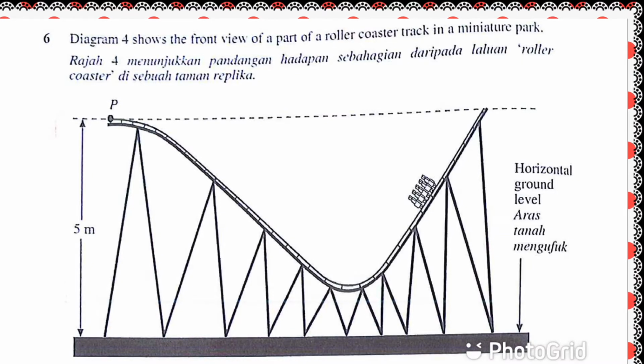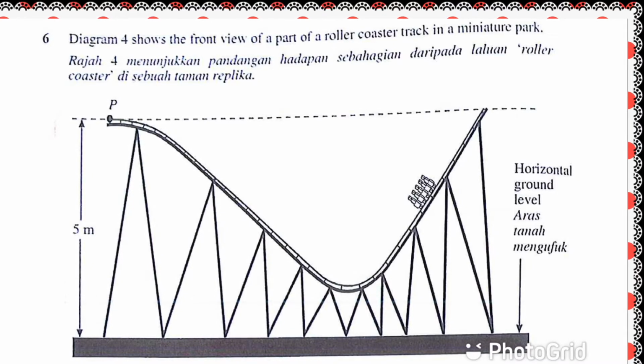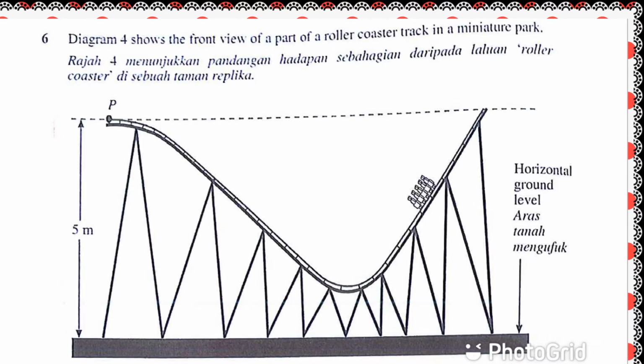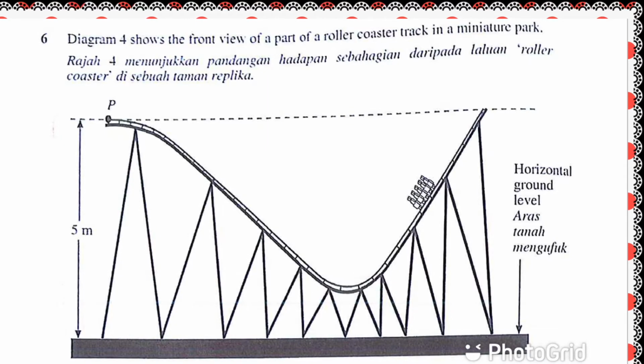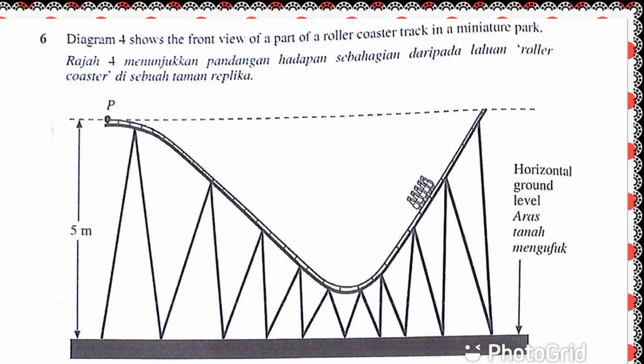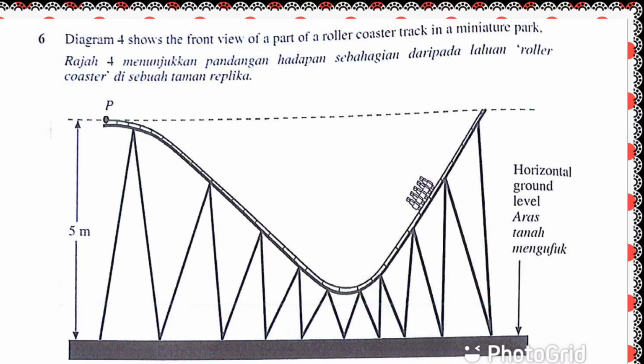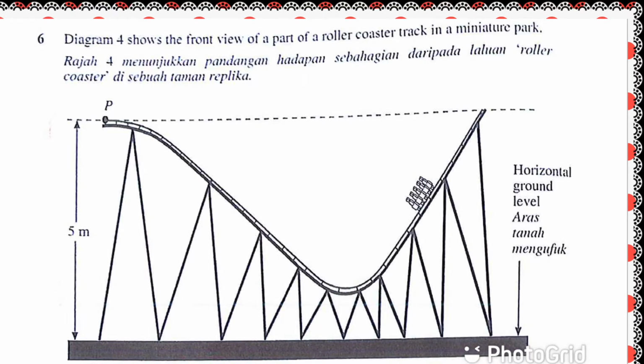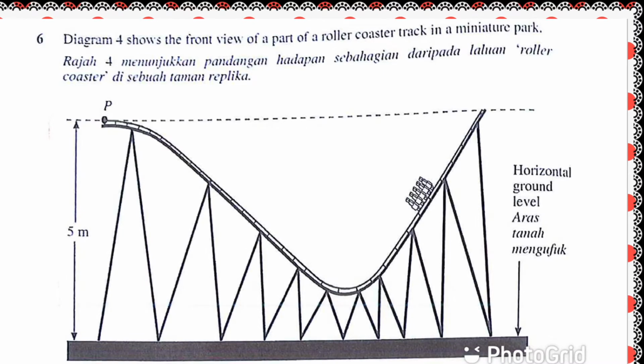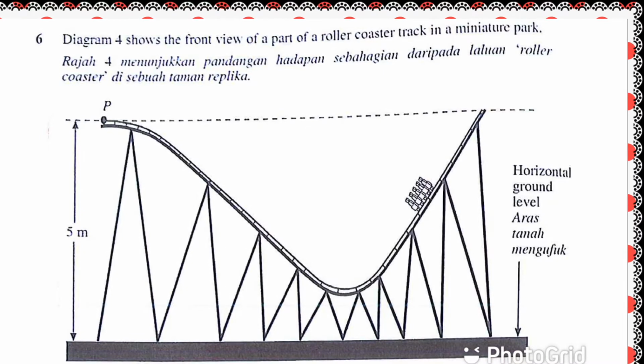So the moment you look at the picture, you will relate to the topic that you learned in Form 4. So you can start to think how to use the concept. For example, maybe they will ask you about completing the square, or maybe they will ask you to find a minimum point and maximum point.